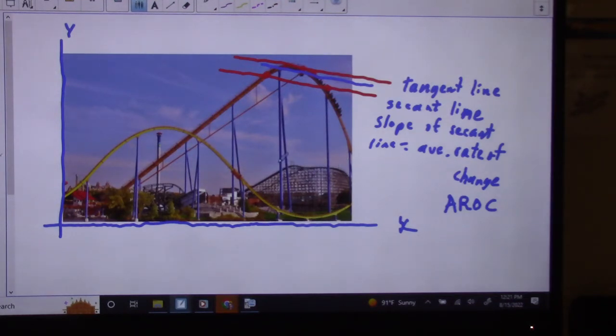So anyway, I'm going to go ahead and put some little words here. So the slope of tangent line, there are different ways of saying it, equals first derivative.